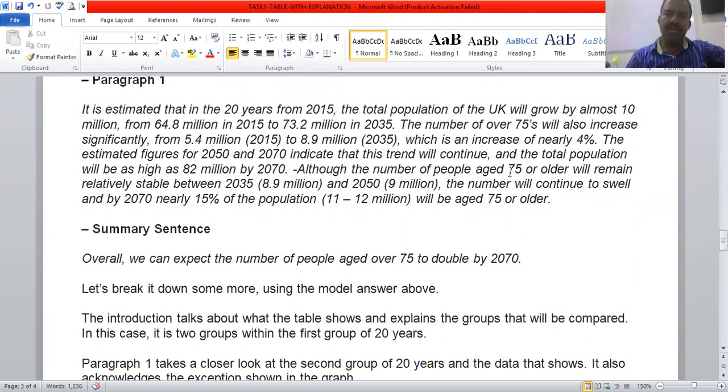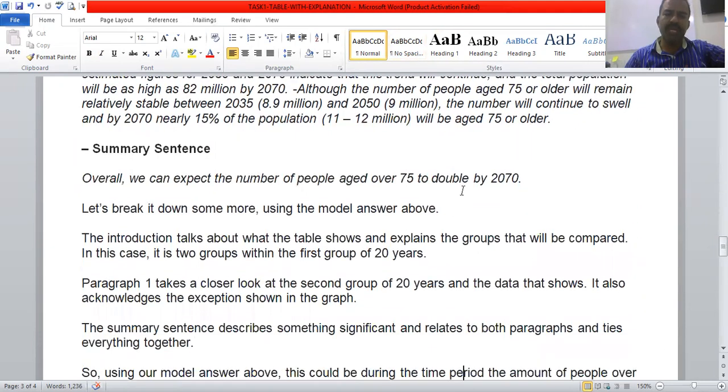Although the number of people aged 75 or older will remain relatively stable between 2035, 8.9 million, and 2059 million, so this is a little bit of an increase, but it is stable, the number will continue to swell by 2070. Nearly 15% of the population, 11 to 12 million, will be aged 75 or older. Summary sentence: overall, we can expect the number of people aged over 75 to double by 2070.